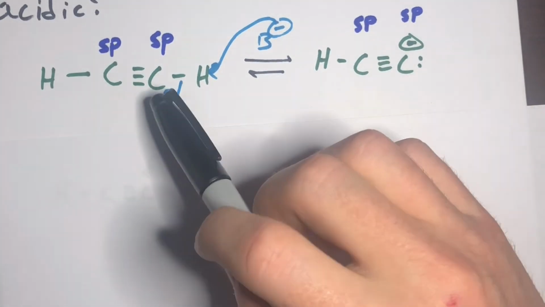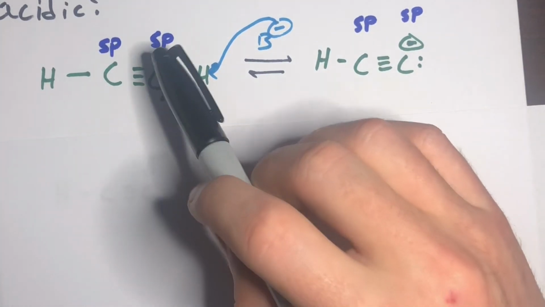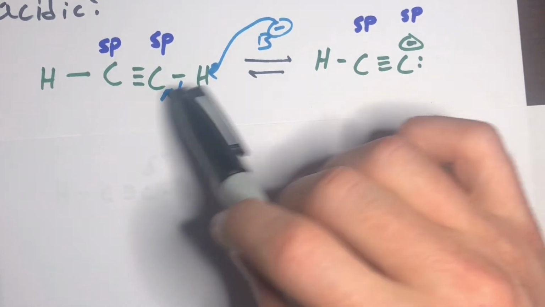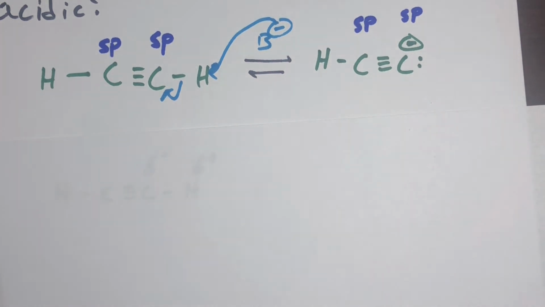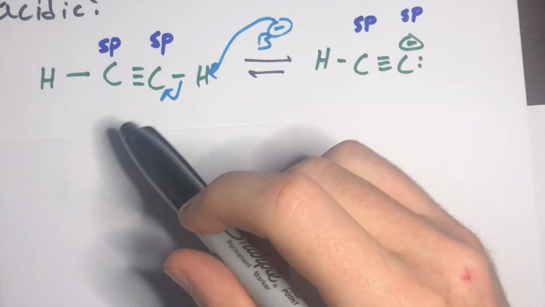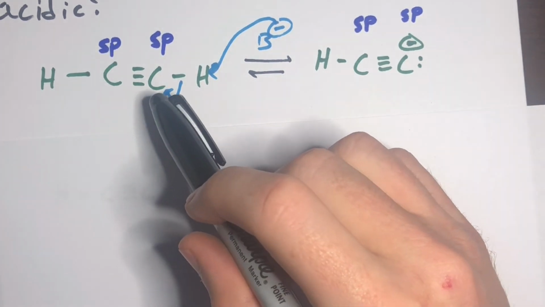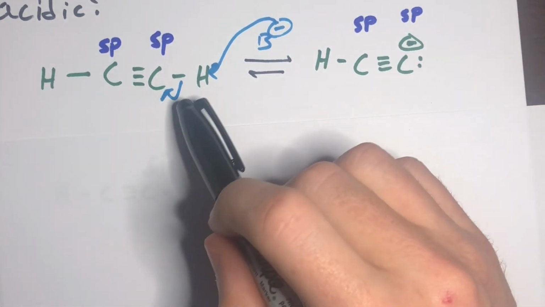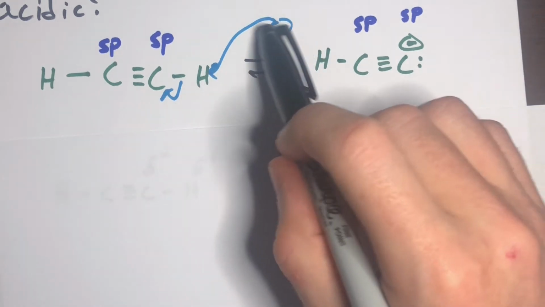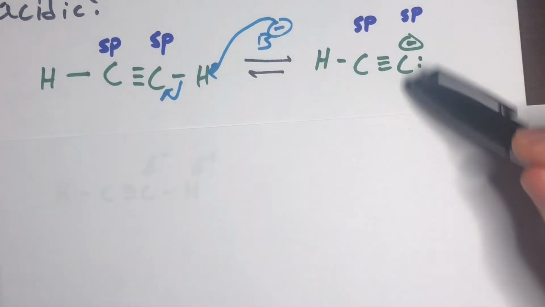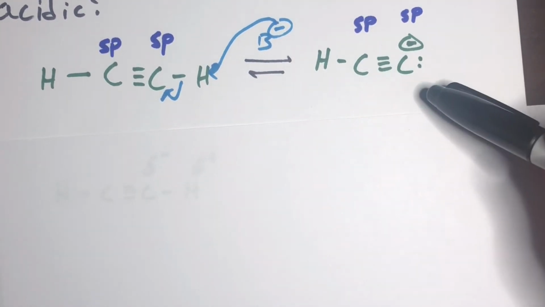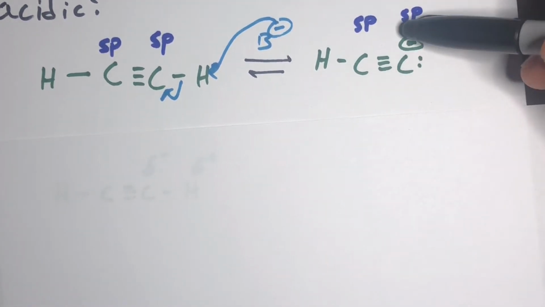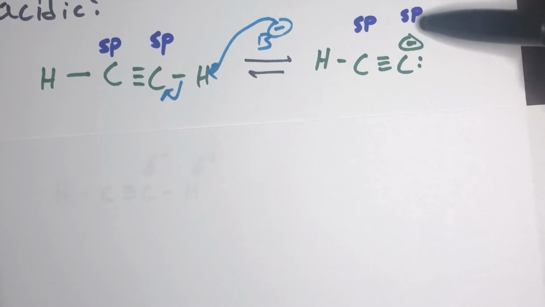So there is kind of a pseudo dipole between the sp hybrid orbitals and the s orbitals involved in the carbon-hydrogen bond. Because of that, there is a stabilization of the conjugate base. So due to the orbital hybridization here, when the base comes in and abstracts this proton, we get a negative charge on the carbon, creating a carbanion, which is stabilized due to the nature of the orbital that the lone pair will reside in, the sp orbital.